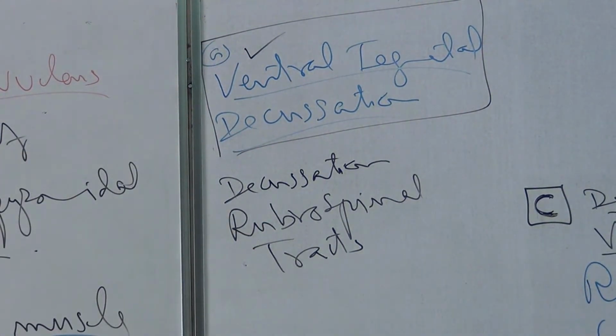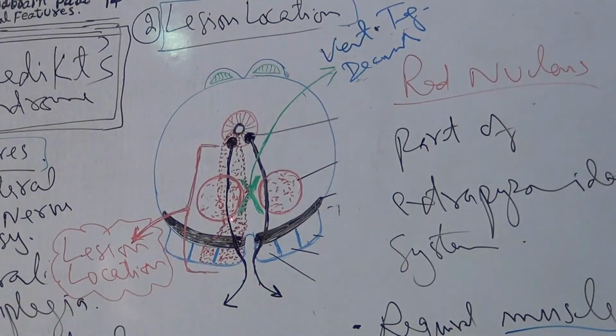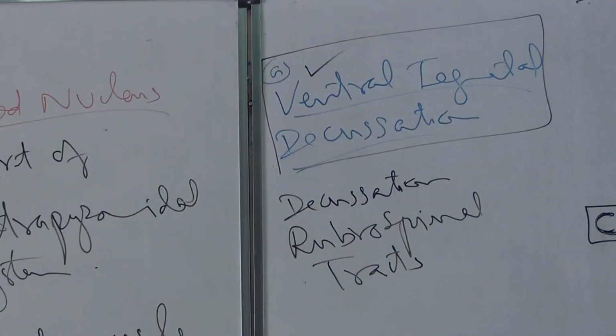So these rubrospinal tracts decussate. So when the lesion involves the red nucleus and the ventral tegmental decussation, there is damage to the red nucleus and also the ventral tegmental decussation, the decussation of the rubrospinal tracts.